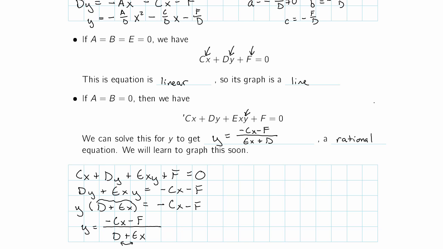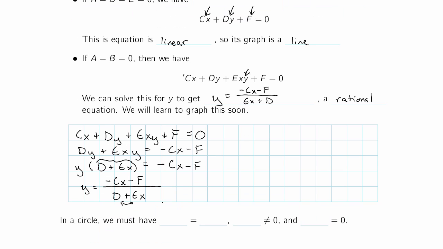Several of these conic sections are things that we already know how to graph or will learn how to graph. Circles are another example of this type. In a circle, our a and b have to be the same. So the x squared and the y squared have to have the same coefficient. And they can't be 0, because if they're 0, then we're in one of those other cases that we just talked about.